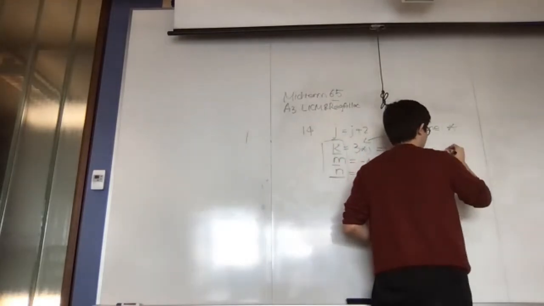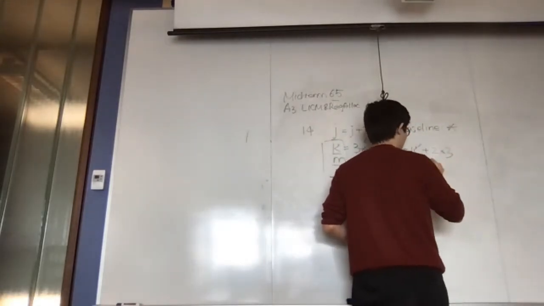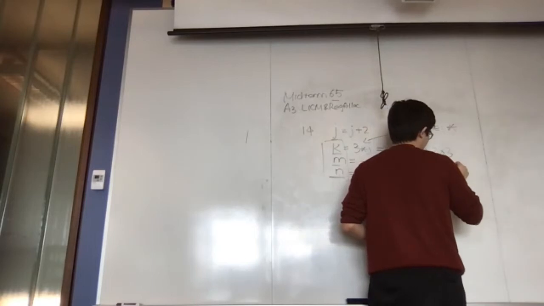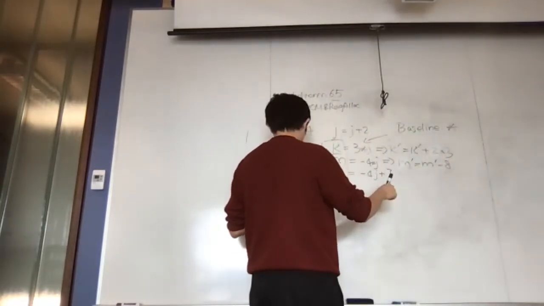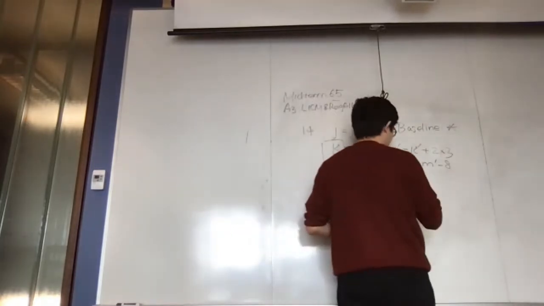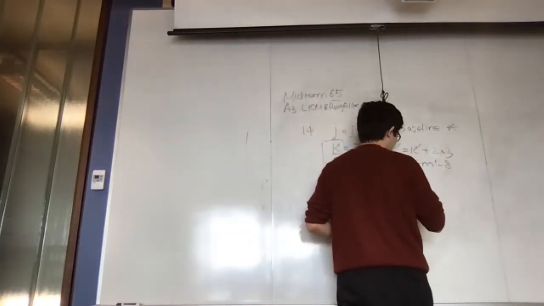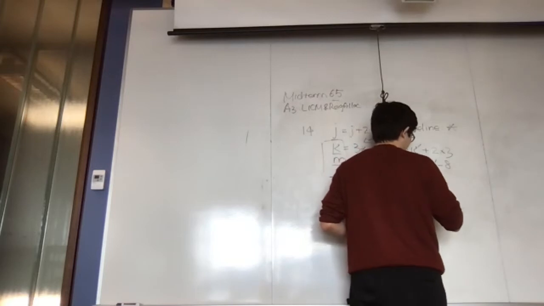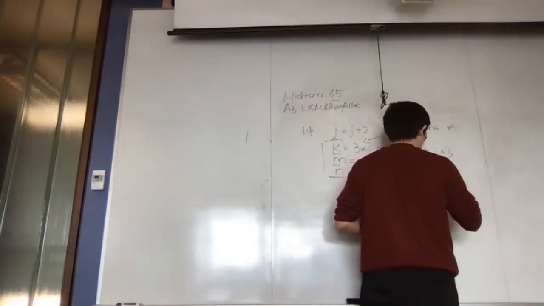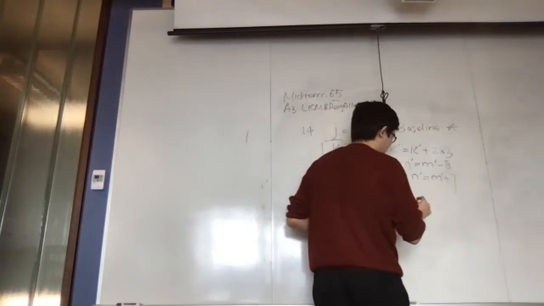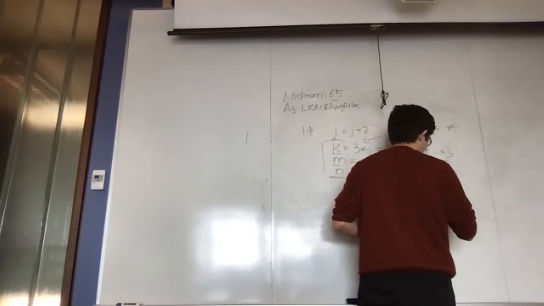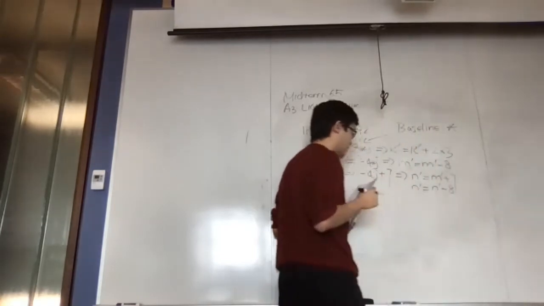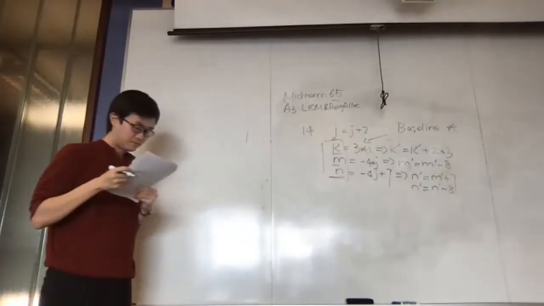Similarly, M prime equals M prime minus 8. And because N is calculated using M in the baseline, you can directly write N prime equals N prime plus 7. Alternatively, you could write N prime equals N prime minus 8, but you might need some initializations in that case.